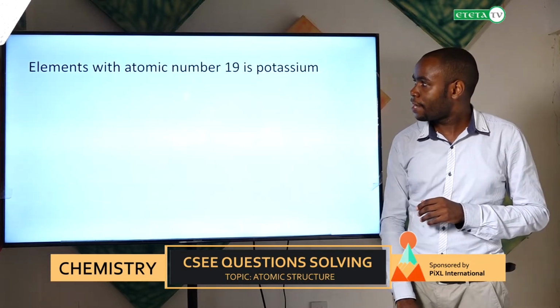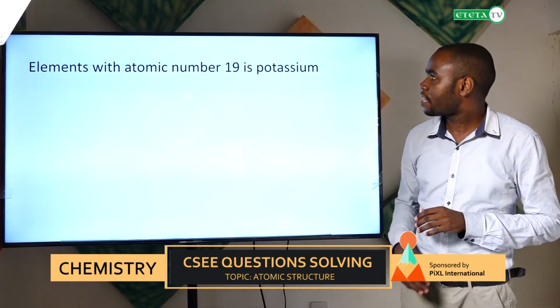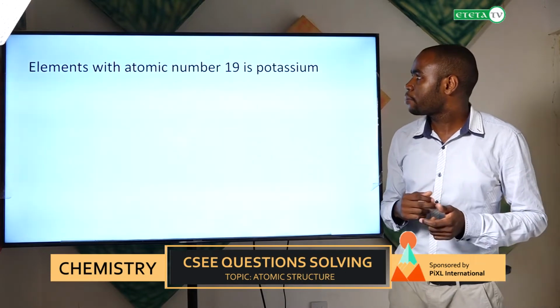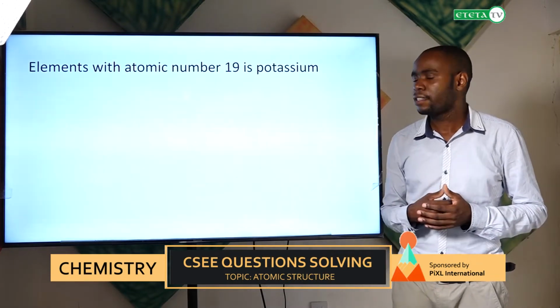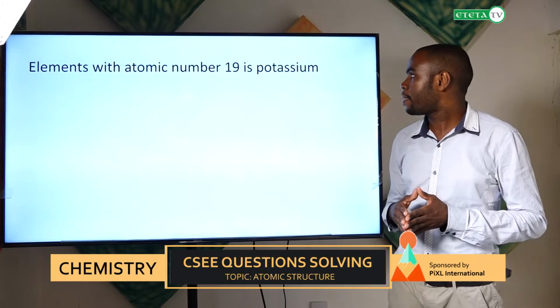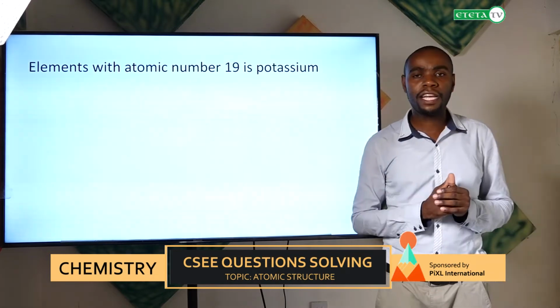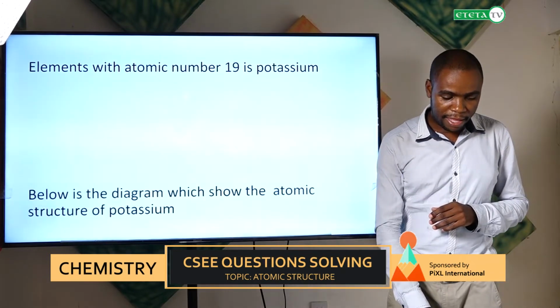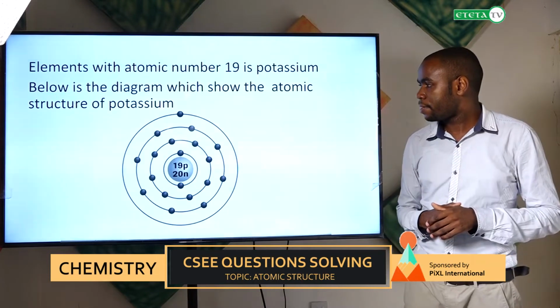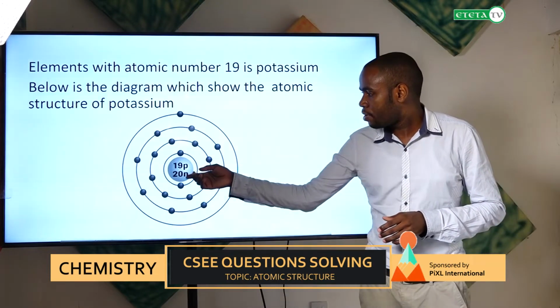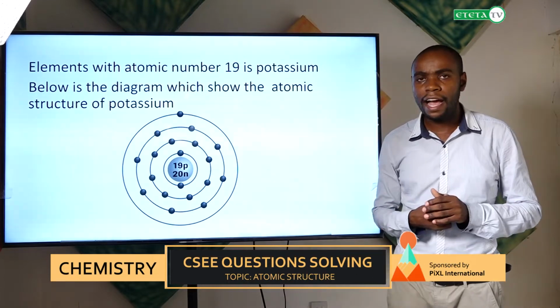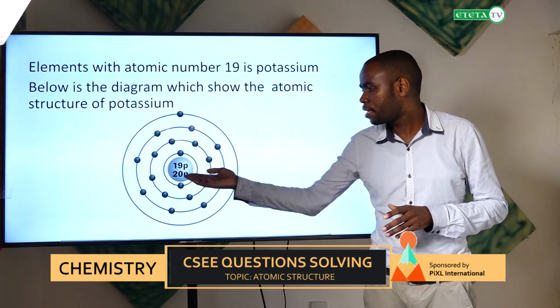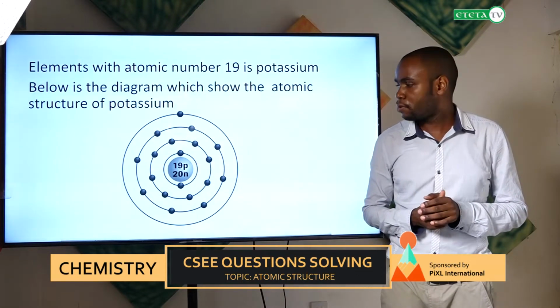Also, we have been asked to draw the atomic structure of the element with atomic number 19. The element with atomic number 19 is potassium, and the atomic structure of potassium is this. Inside the nucleus, there are 19 protons and 20 neutrons.